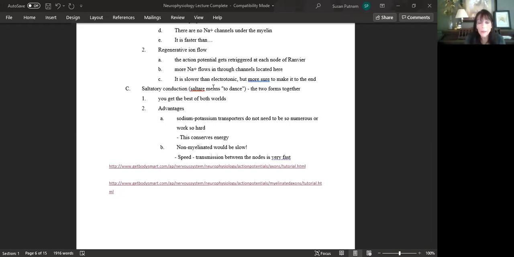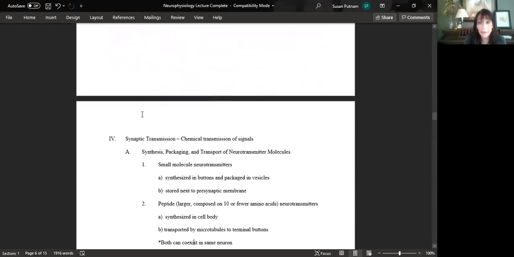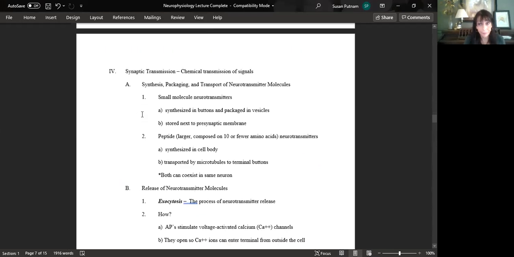Remember, saltatory conduction, a combination of electrotonic, which is fast, and regenerative, which occurs at the nodes, and make sure you make it. So I just want to make sure you remember this particular resource. I think it's very helpful and certainly will take the place of many textbooks.